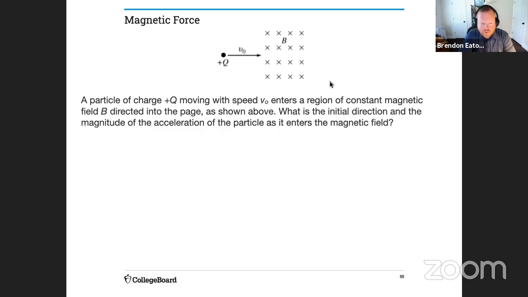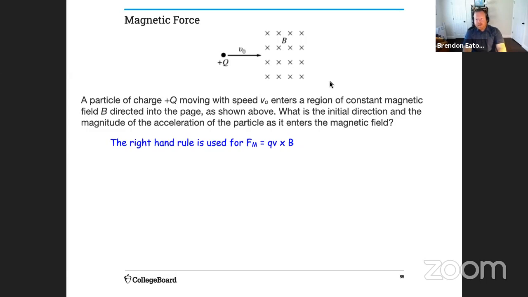So what's the initial direction of the acceleration? Well, Newton's second law says that a net force should cause an acceleration on a massive particle, and we're assuming that this particle has mass as well. So I think you need to find the direction of the force. Use your right-hand rule to determine which direction the force is.